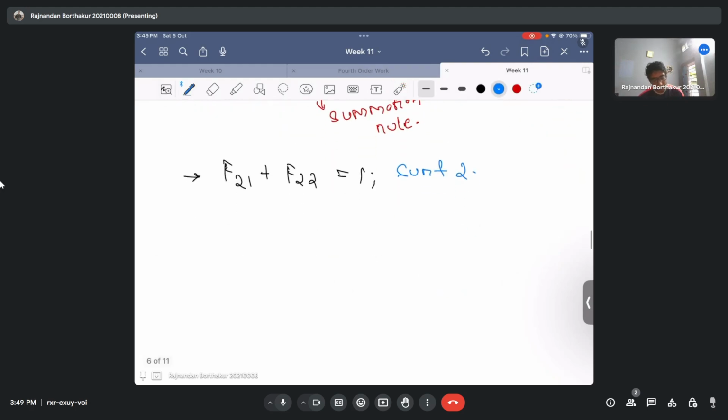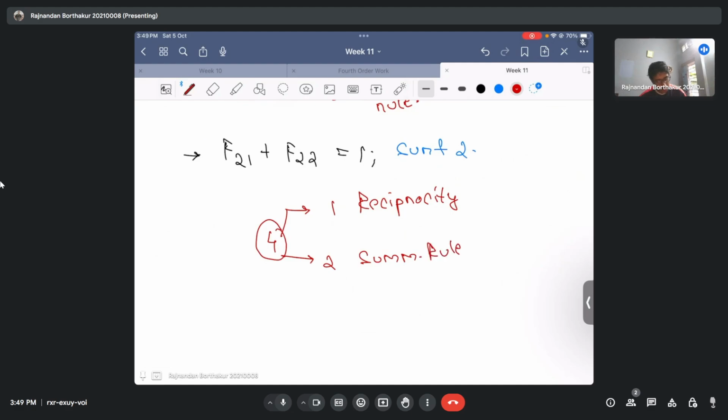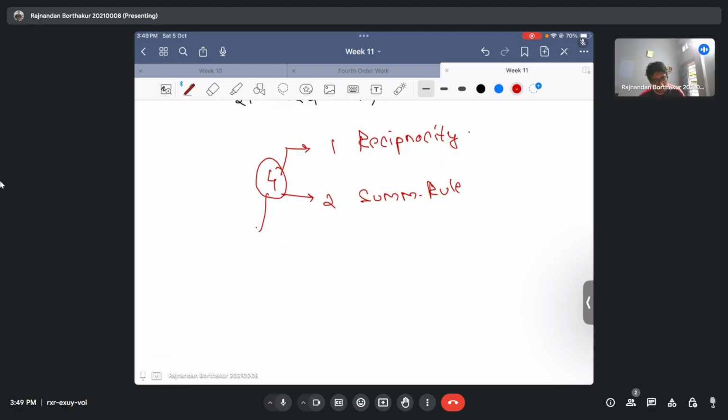Out of the four view factors, one can be obtained from the reciprocity relation, and two can be obtained from the summation rule, which means that I just need to determine one view factor directly. I hope you can understand what I'm trying to say here.